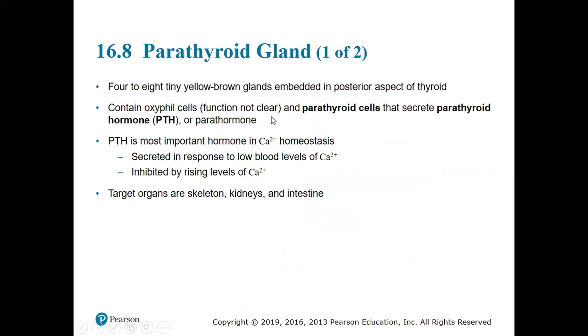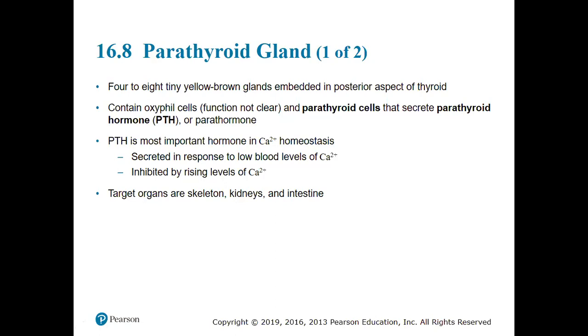So the parathyroids are going to secrete parathyroid hormone. And parathyroid hormone is the most important hormone in calcium homeostasis. Well, that's going to be pretty darn important. Calcium, my Lord, the different things calcium is involved in. We can go on and on.